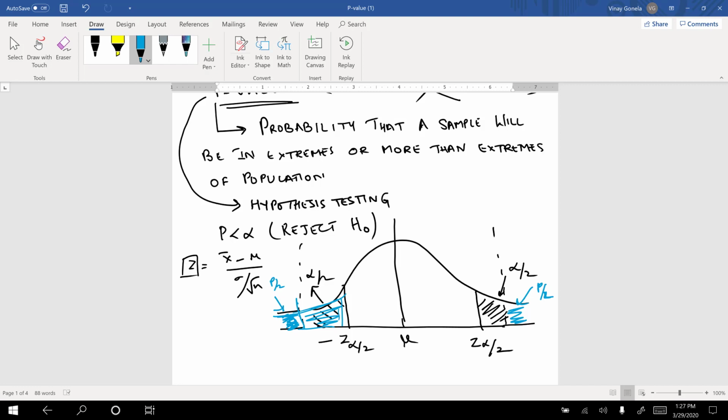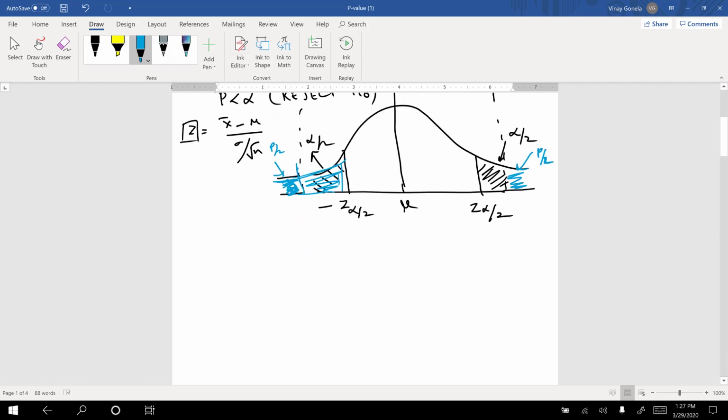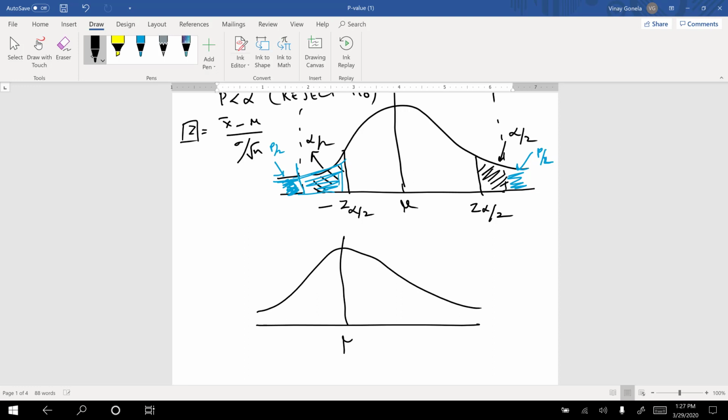So we will try to understand this concept by using a problem. Maybe in one tail also I will explain how it works. Suppose I have a normal distribution curve and this represents mu and this is alpha, and you calculate z and if your z value is somewhere here, you look at probability there.